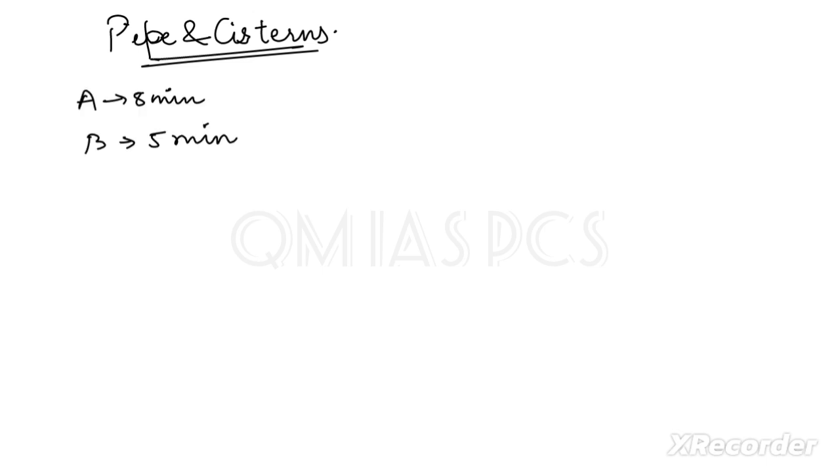So if the question is like there are two pipes, pipe A and pipe B. Pipe A is taking 8 minutes to fill the tank, and pipe B is taking 5 minutes to fill the tank. So obviously the efficiency of B is larger than A. That's fine.